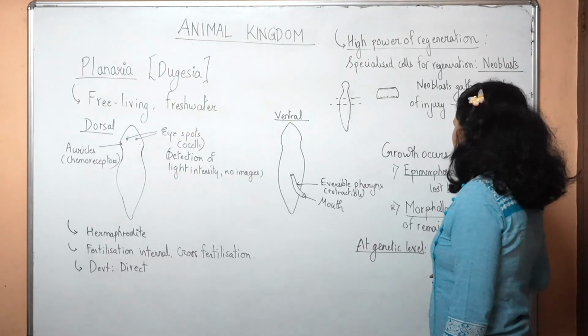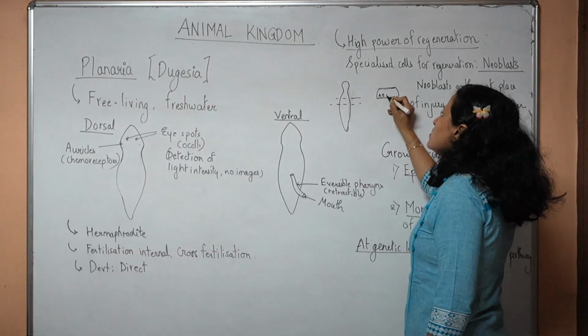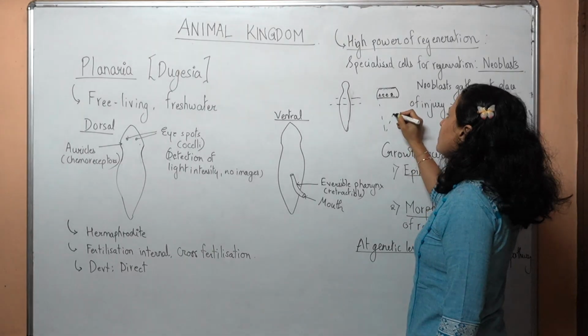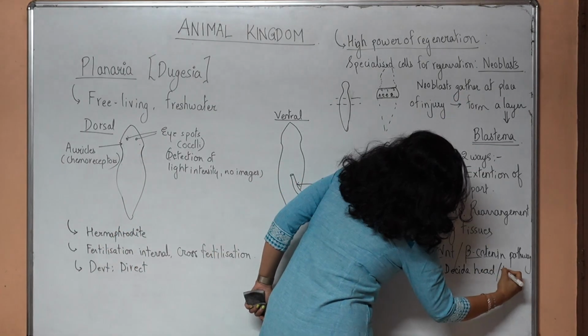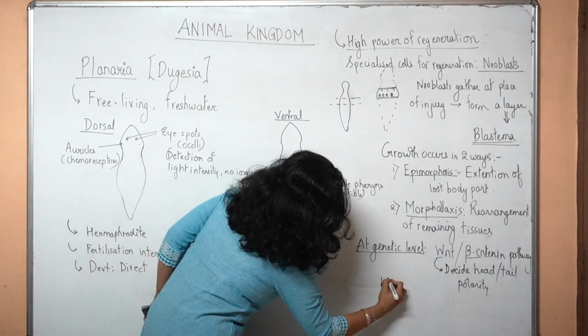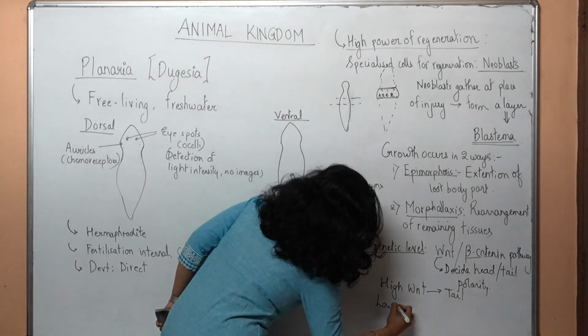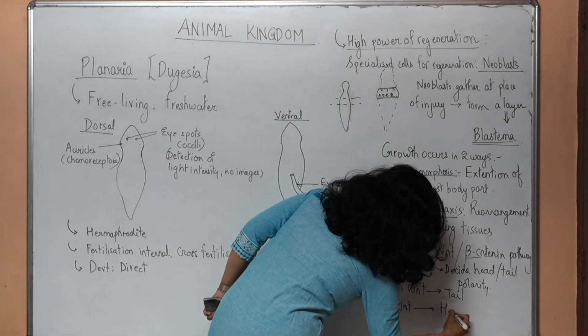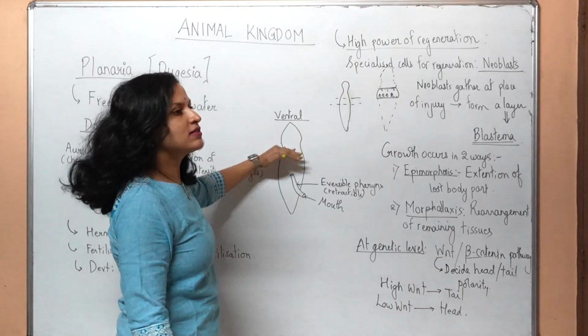WNT is a protein that will trigger beta-catenin. So wherever its concentration is more, it will form the tail. So this is set to decide the head-tail polarity. High WNT forms the tail and low WNT forms the head. Throughout the body, the composition of WNT beta-catenin goes on increasing.